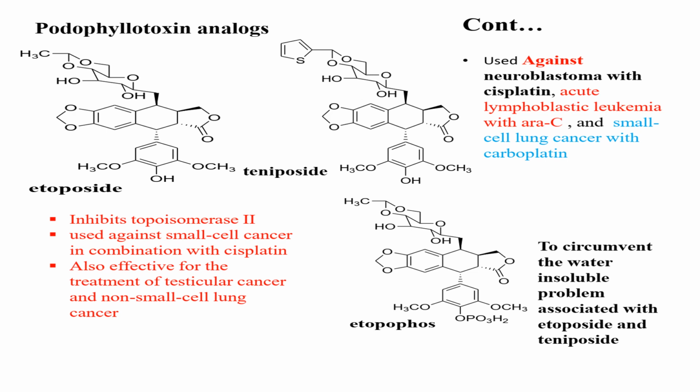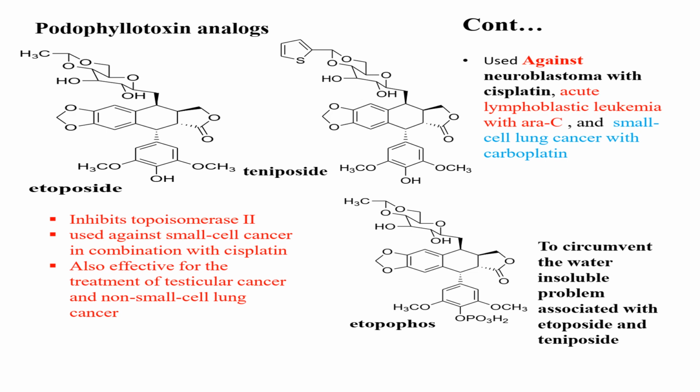So this teniposide is also used against neuroblastoma with cisplatin, acute lymphoblastic leukemia, and small cell lung cancers with carboplatin, and etoposide phosphate was made to circumvent the water insolubility problem associated with etoposide and teniposide.